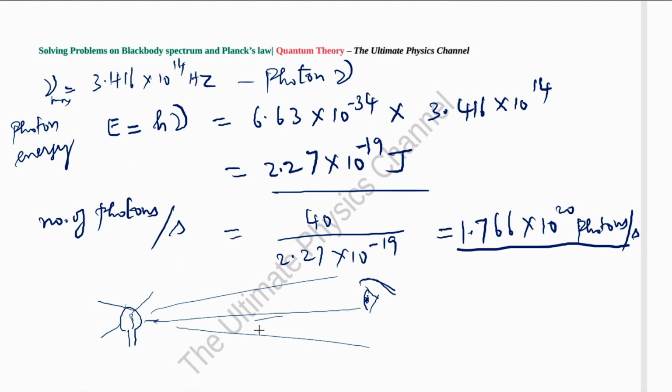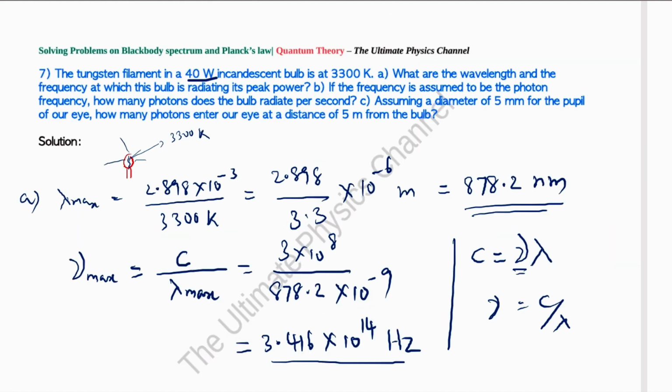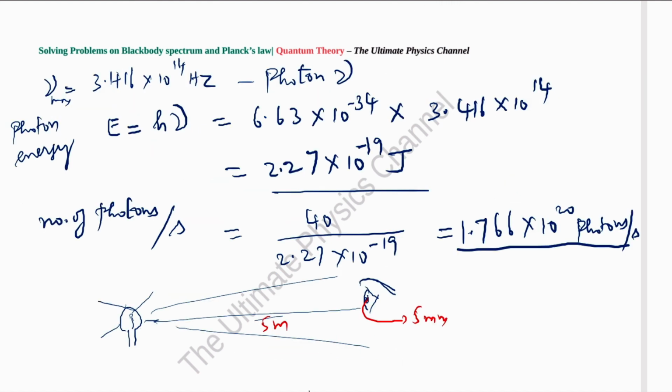If that is the case, and the pupil of our eye is of size 5 mm, now what is asked in this part is, how many photons enter our eye at a distance of 5 meters from the bulb, right?